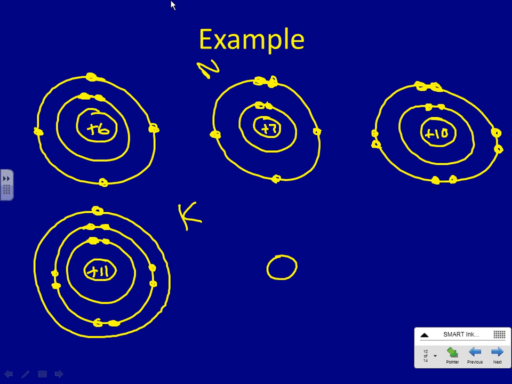Again, we need the number of protons in there, so plus 19. And now, instead of writing all the dots, we do it like this. We use a semicircle that's broken in the middle, and I put a number 2 to represent there's 2 electrons in that orbit, instead of drawing dots. Much easier. My next one is going to be broken as well. How many are in my second orbit?